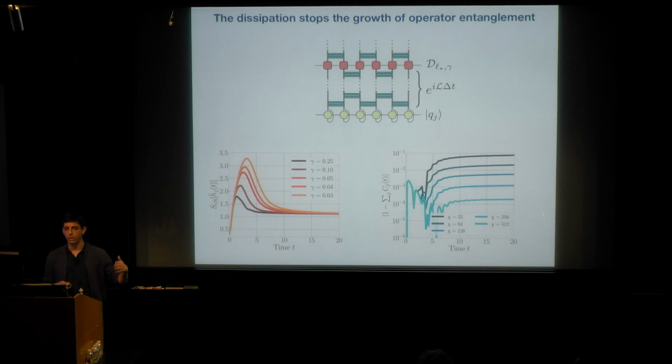For a given gamma, there is some bond dimension that you will need, but once you have that, you can do this forever. There is no time limitation. And you can also see that how well the conservation law is satisfied gets better and better, and you can get the error down to as small as you want by increasing the bond dimension, which was not the case before, because without additive dissipation, you get truncation errors that destroy the conservation law and will give you the wrong results.